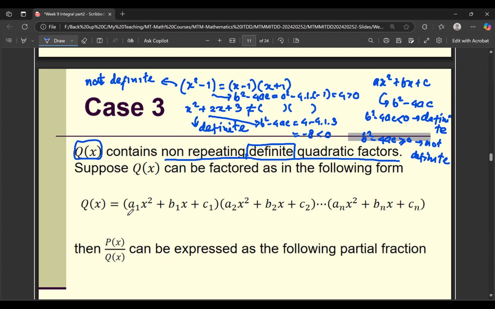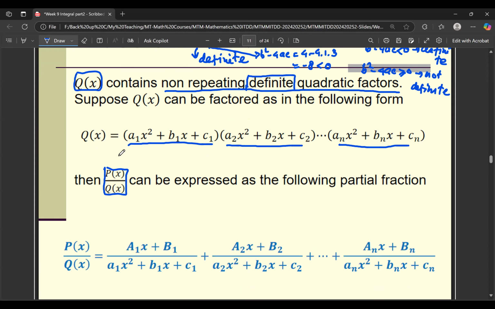And if Q(x) contains definite quadratic factors, and there might be more than one, we can express our P(x) and Q(x) using these formulas.